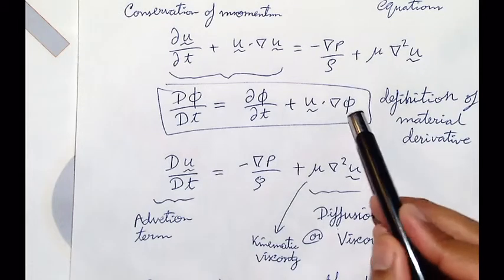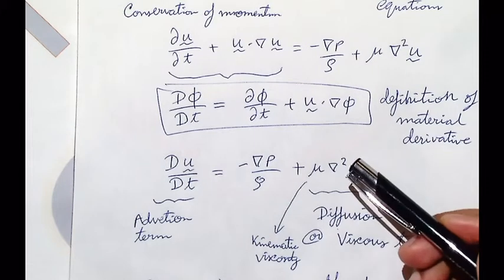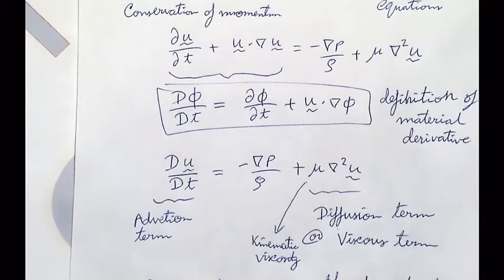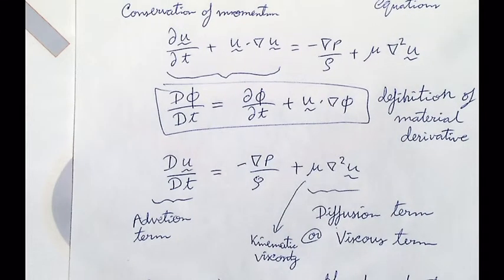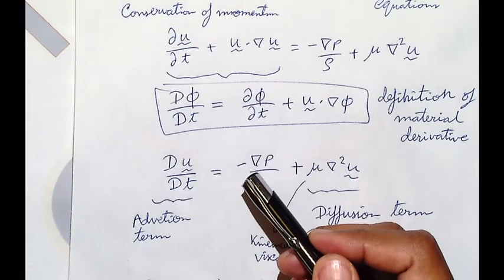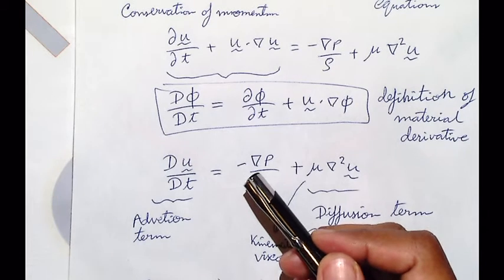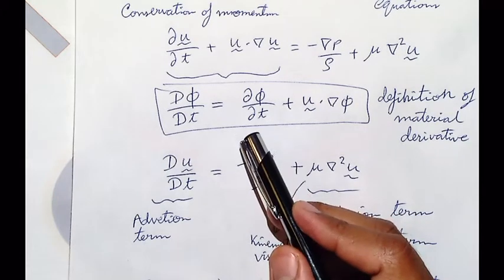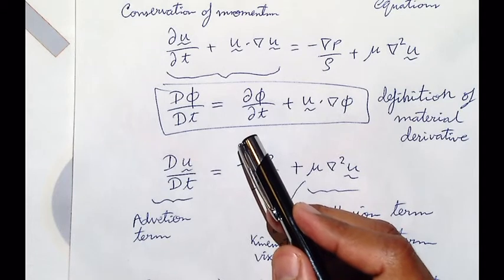I will tell you that phi does not depend on u. Phi is not a function of u. Phi is a function of x and t, but does not depend on u directly. So the first one is linear, the second one is nonlinear, so the whole right-hand side is nonlinear.